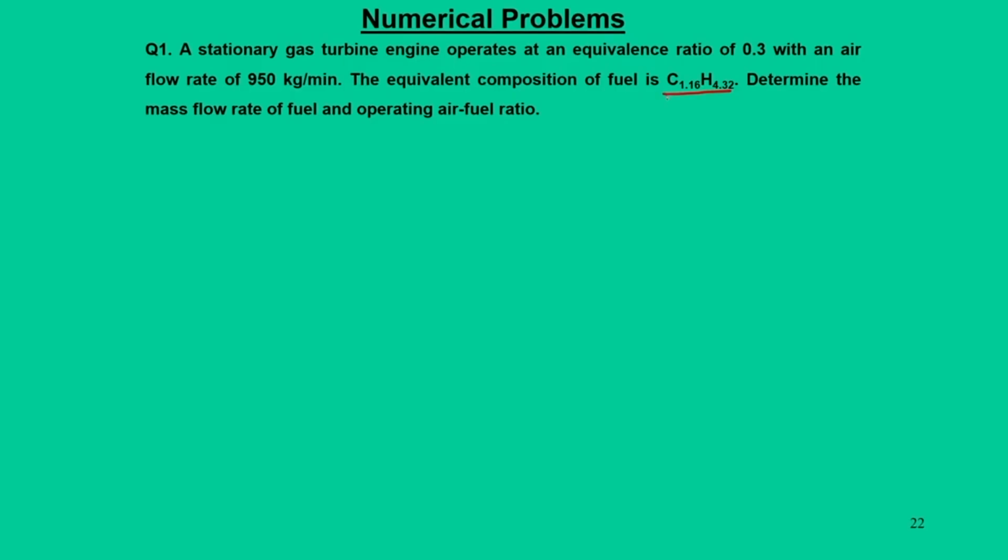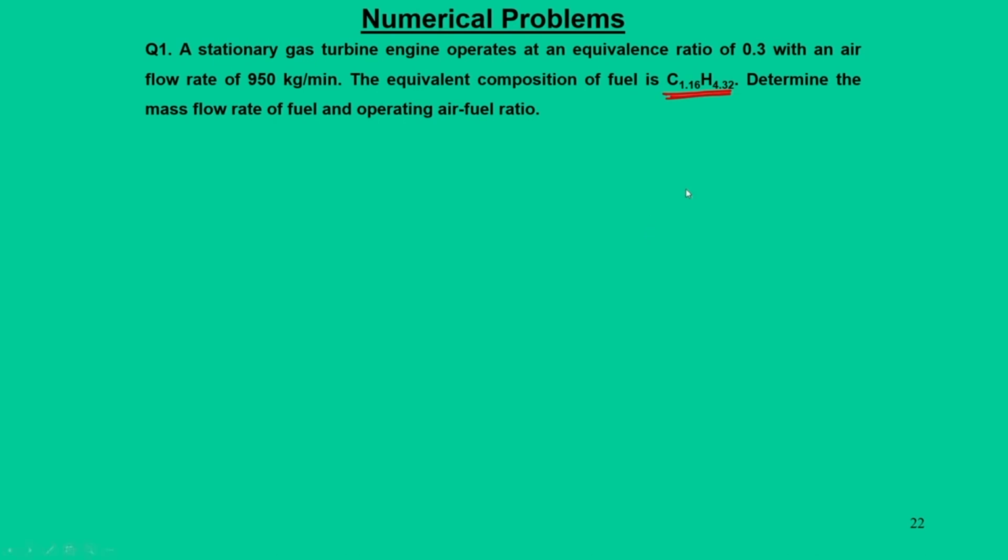Conventional fuels are normally petrol or diesel, but many times we use some composition of fuel, like this one which closely resembles natural gas, that is C 1.16 H 4.32. This is another hydrocarbon fuel one can think of using in gas turbine engines.